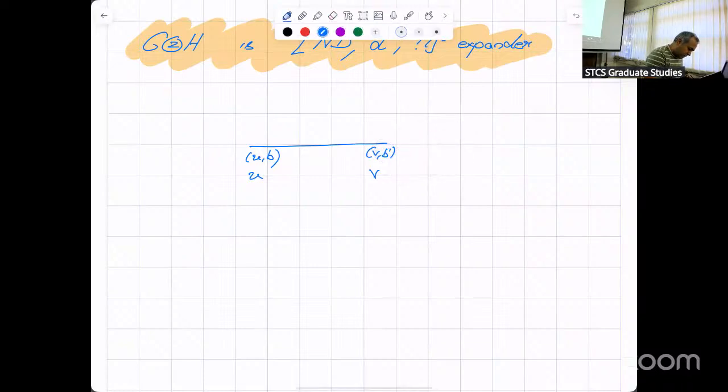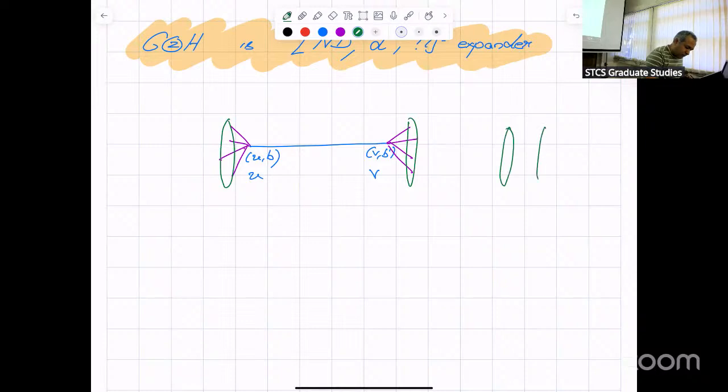These are these neighbors, these are these neighbors. You look at the neighbors over here, and you put the complete bipartite graph between those two.